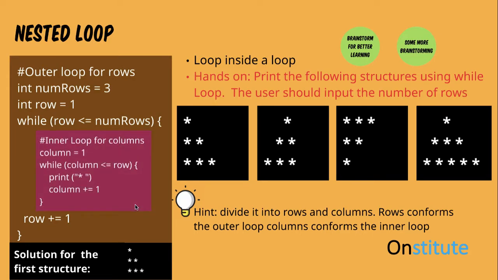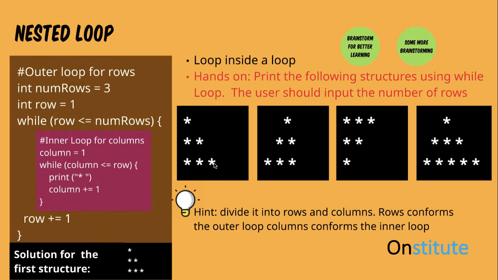Then the next while loop should take care of the column. Here also a similar thing happens. Now here I have started utilizing another loop control variable called column. I have initialized it to 1, and now to form the inner while loop, you have to see the structure very well.